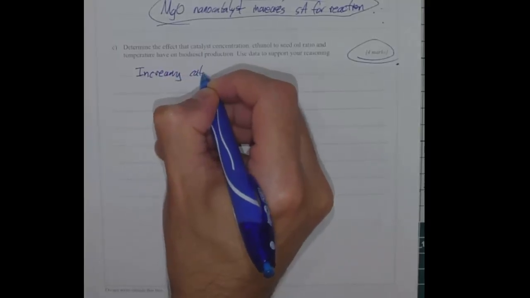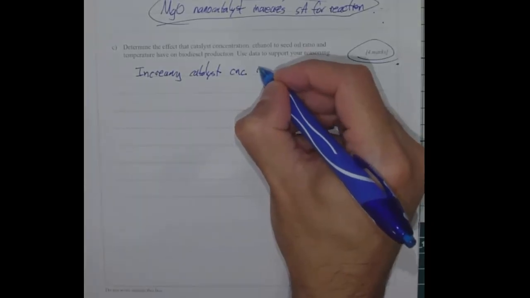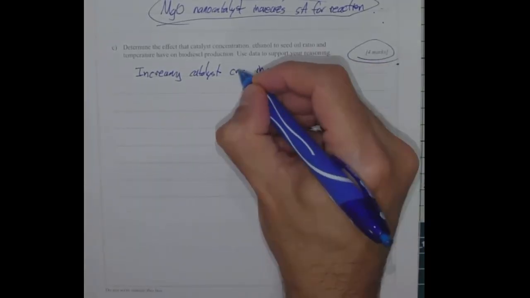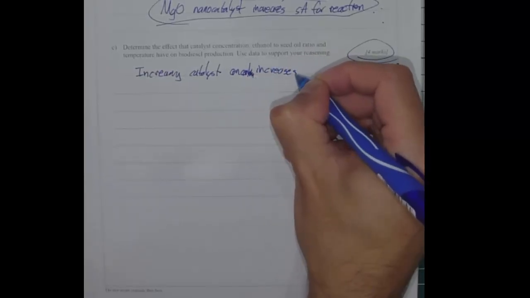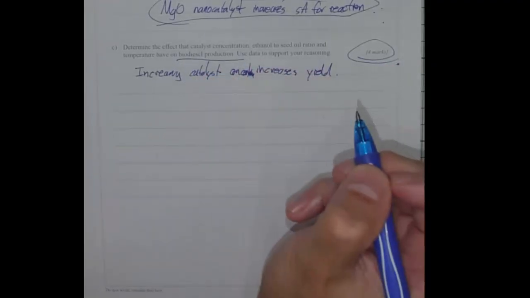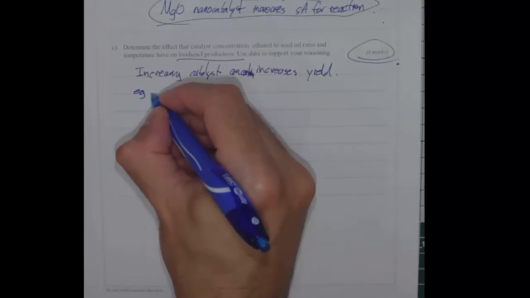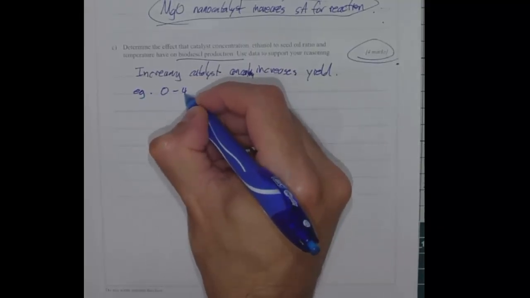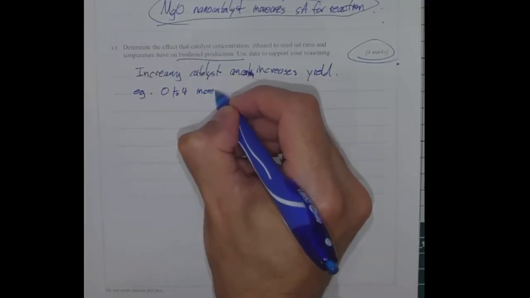Increasing catalyst concentration increases yield. Oh my God, really? Example: 0 to 4% increases yield.